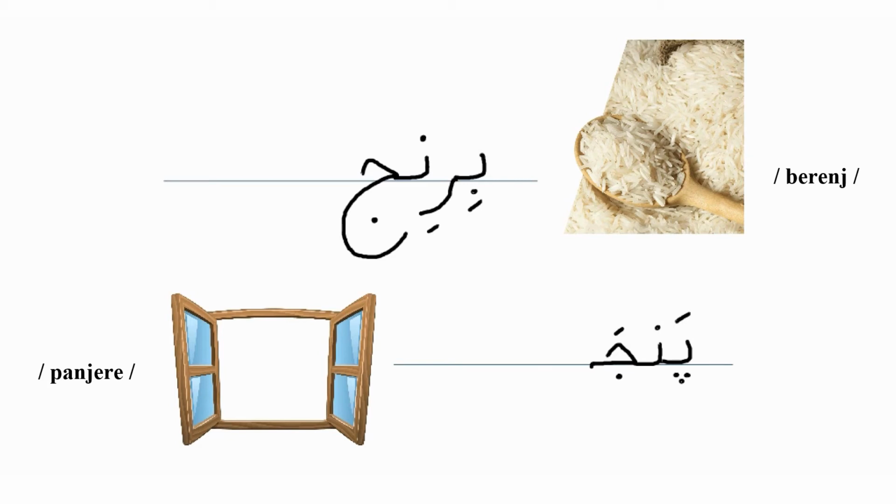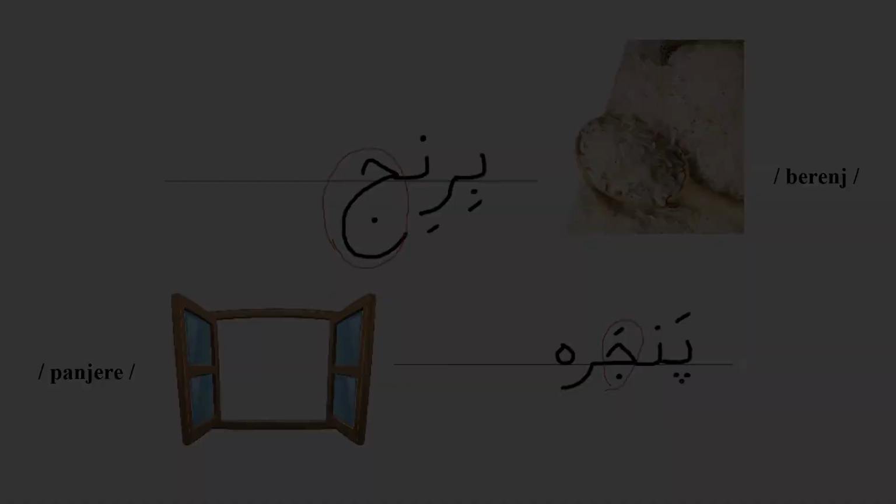And we have re here. Panjar. And finally e. Panjare, the isolated e, because re does not connect to the following letter. So we write it separately. Panjare.